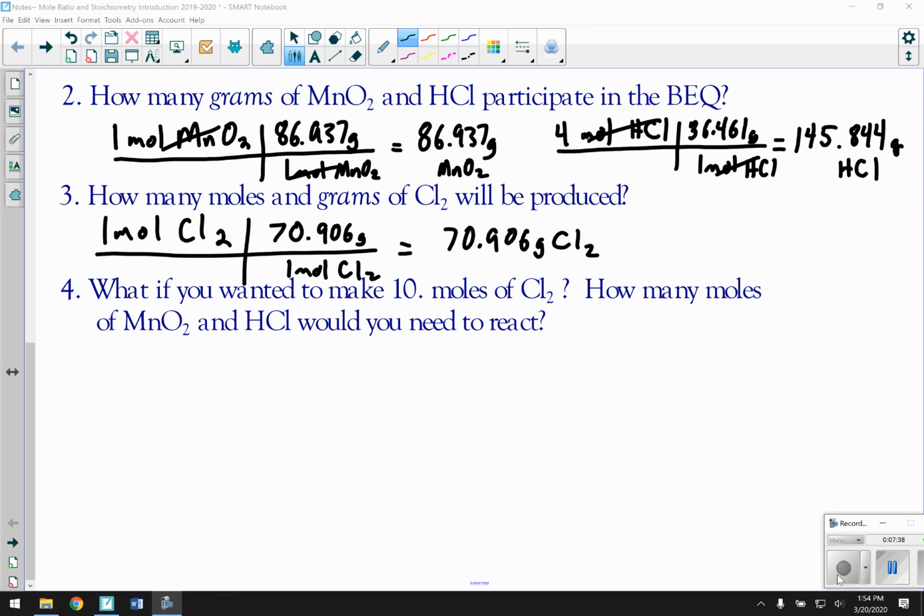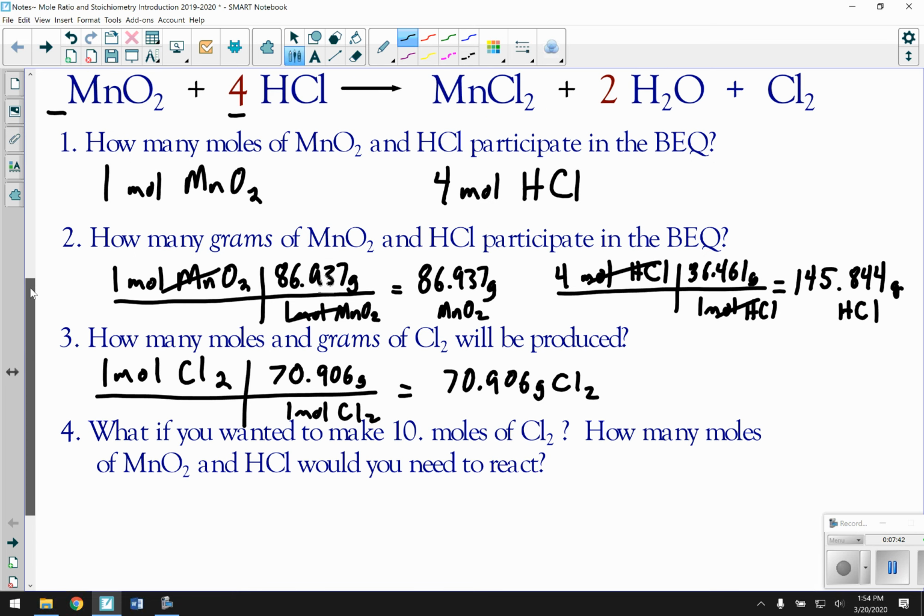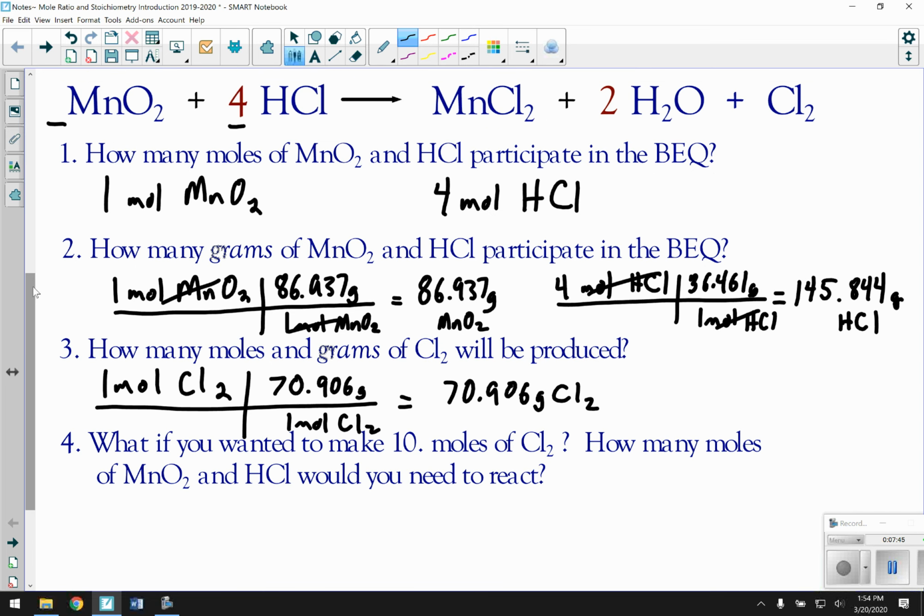Now, finally, let's tackle this last question, but I'm going to scroll it back up so we can see the balanced reaction. What if you wanted to make 10 moles of Cl2? Here you're making 1 mole. But what if we wanted to make 10? Well, if you think about these as a ratio, in the original equation it was 1 mole of MnO2 for every 4 moles of HCl, and with that you would make 1 mole of Cl2.